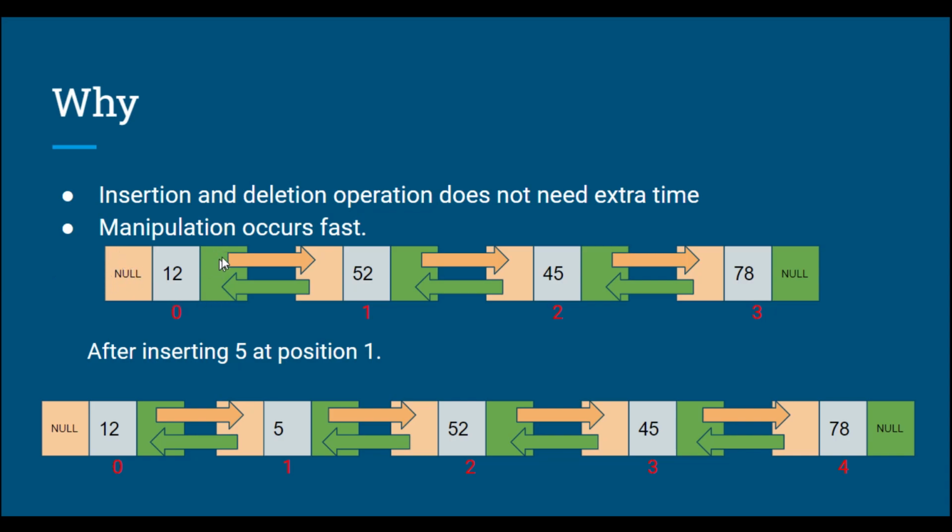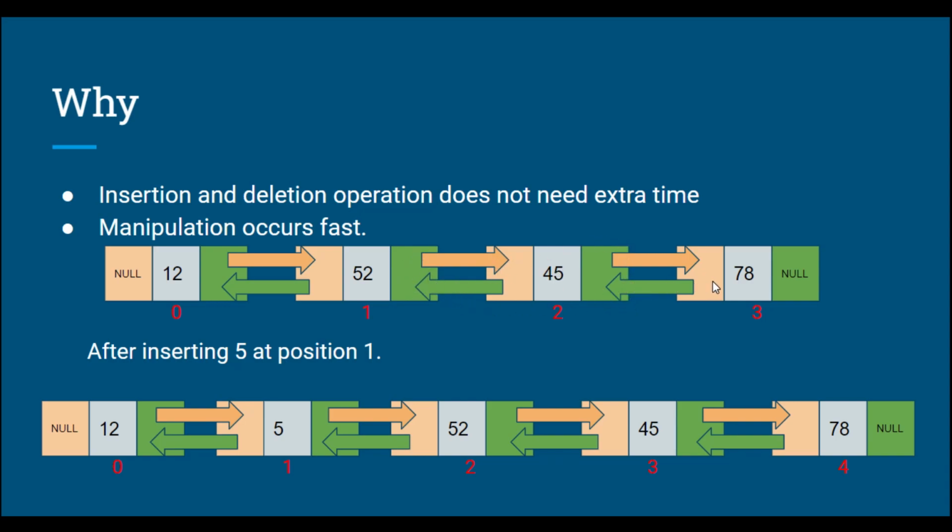After that, the next field stores the next node's address that is present in the memory. The same with the second element, 52. The previous address of that node is stored in this field, and the next field stores the next node's address.